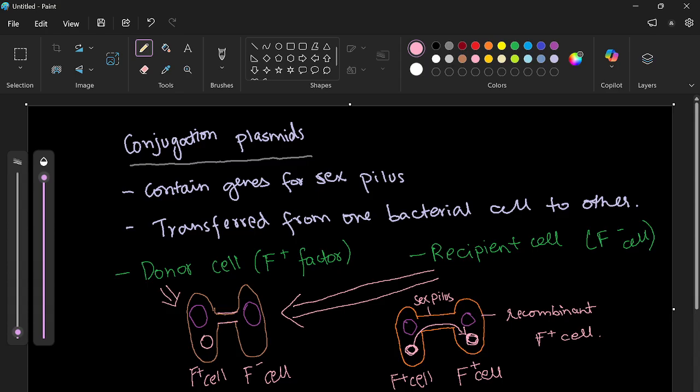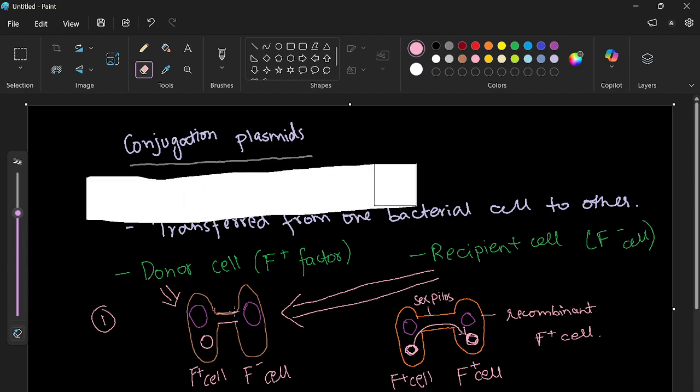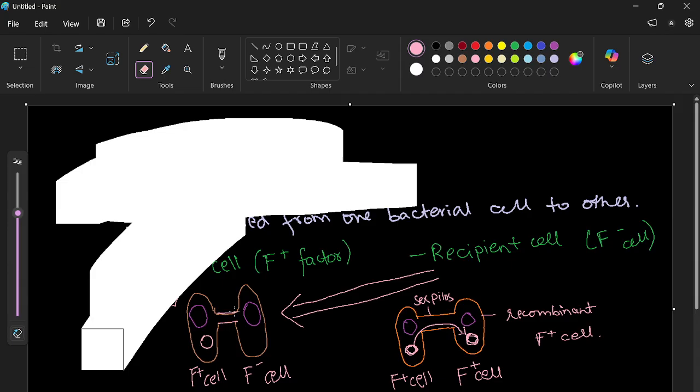Okay, so this was one situation in which conjugative plasmids can be transferred from an F plus factor to an F minus factor. Okay, so this is one of the cases. Now next I'll be discussing another type. So let me just erase these all.